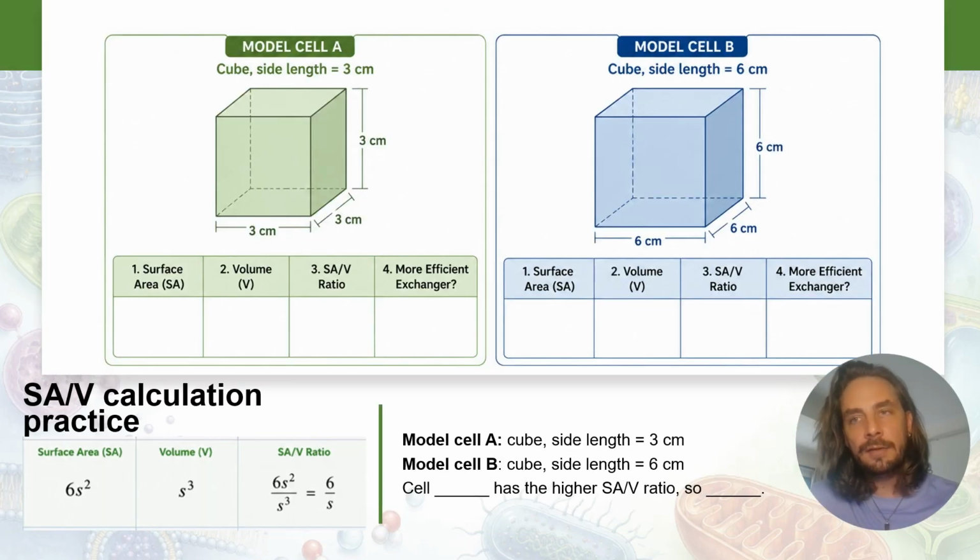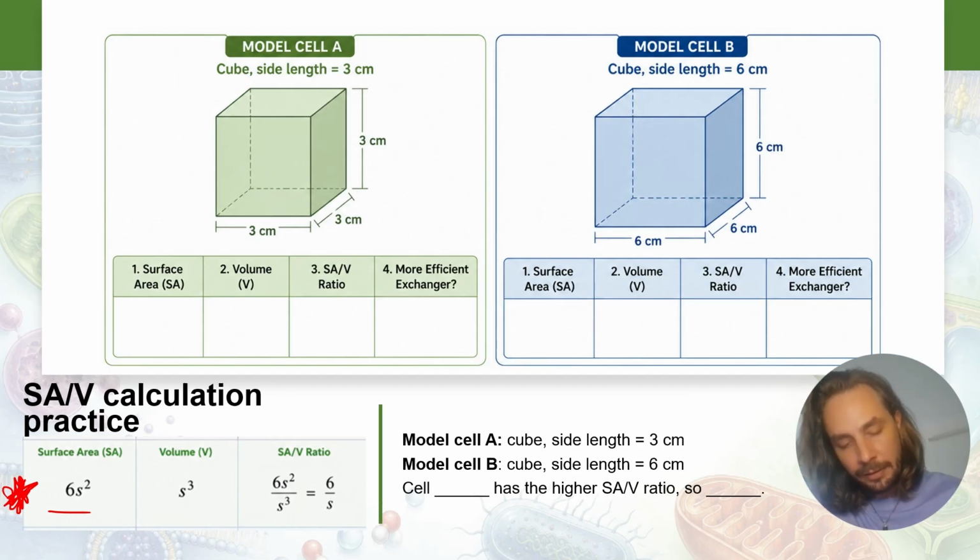Here we have the example of a cube, okay? And here are the formulas that will be given to you. So we know the surface area is 6 times the side squared. It's 6 times because I have 1, 2, 3, 4, 5, 6 sides to this cube. So that's 6 times 3 squared. The volume is the length, the width, and the height.